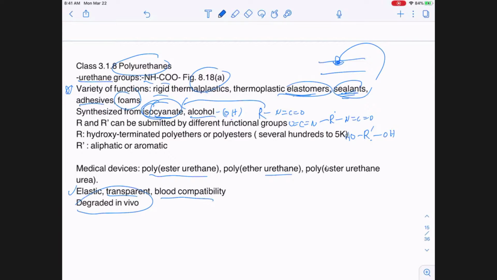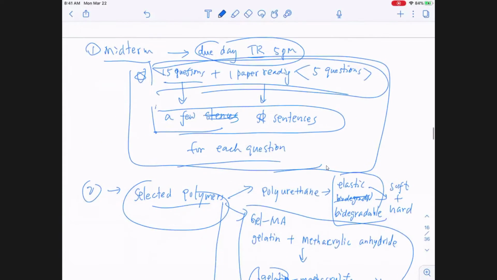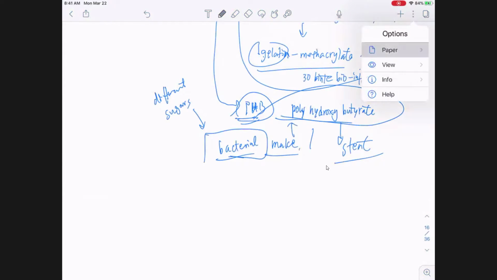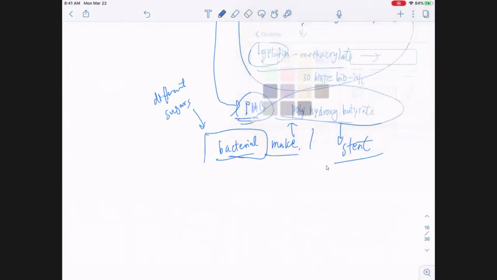This one could be a soft robot, and heart valve. All kinds of polyurethane can be used to make this kind of medical device. You just need to choose what kind of function group you want to put inside.